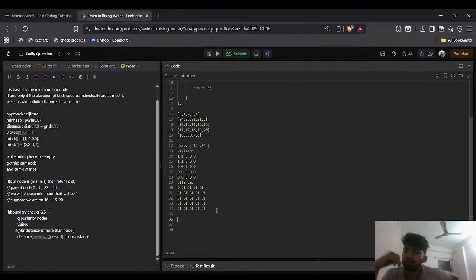Let me think. We are on node 1 and our distance will be infinite, I guess. Yes. Get the current node, and our current node is 1.